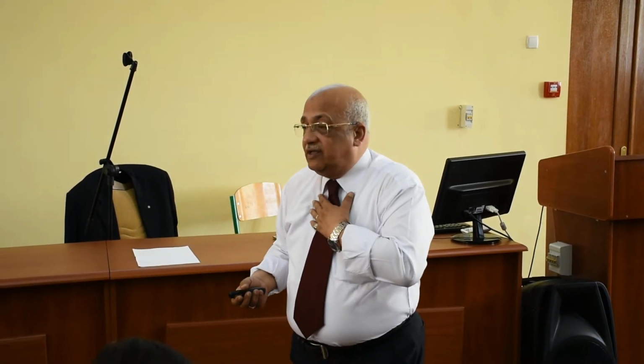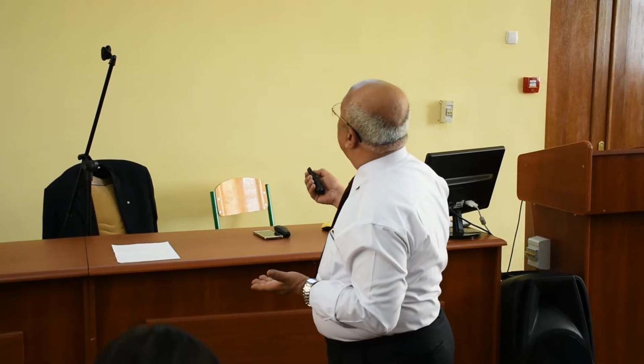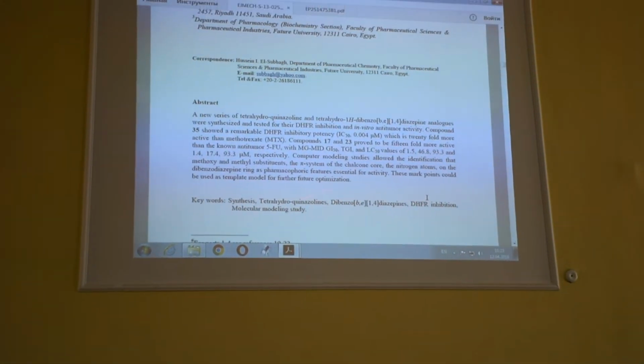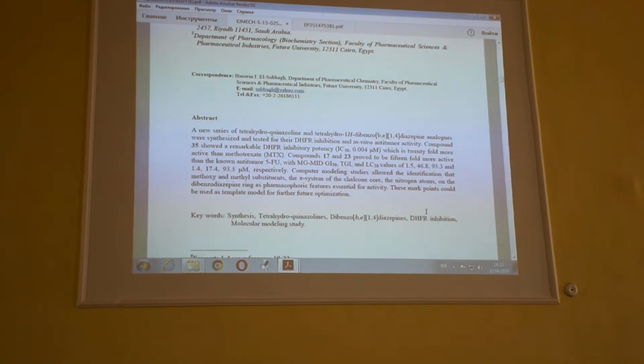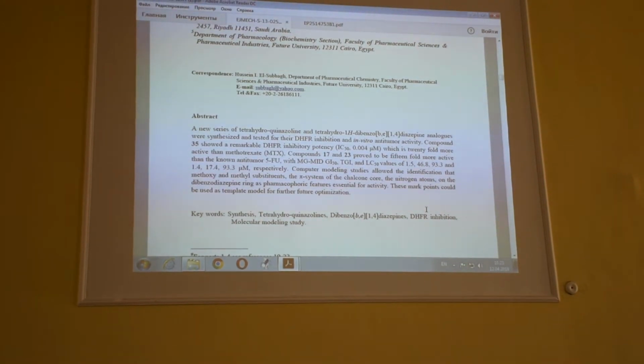What you would like the researchers come to your work through what? Through the synthesis, or the chemical name of the nucleus, or the biological activity, or maybe through the molecular modeling study. So those are the entering words.